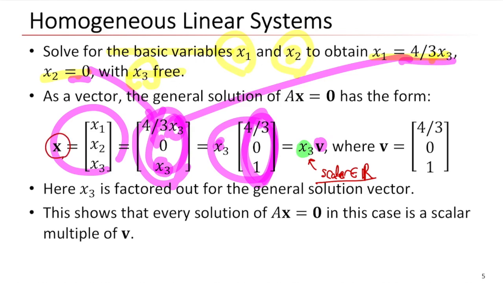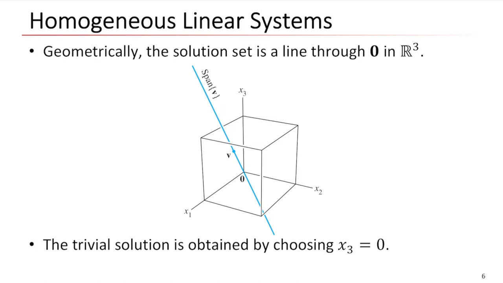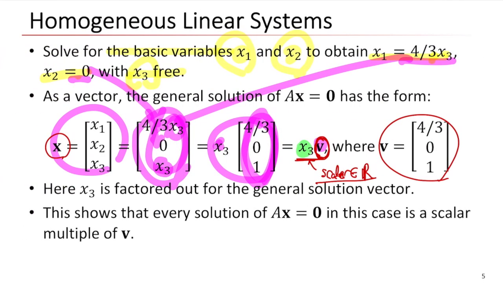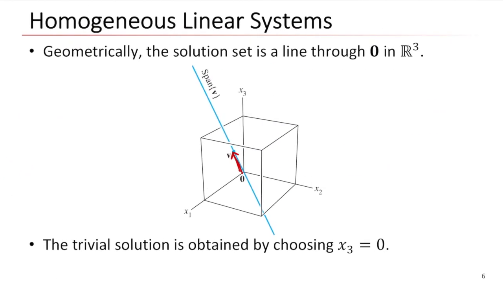The solution that we want to get is the linear scaling of this vector v. So vector v was like this, and then the solution x will be the scalar multiplication of the vector v, so it will look like this.